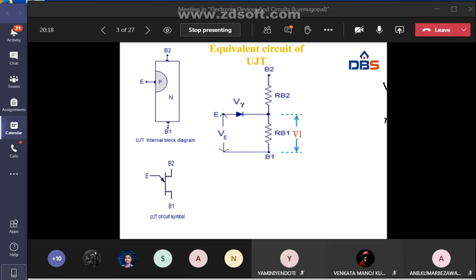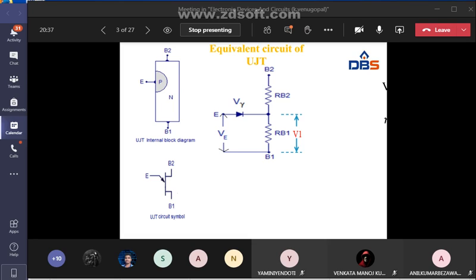It has 2 resistors, RB1 and RB2. The voltage across RB1 is V1.